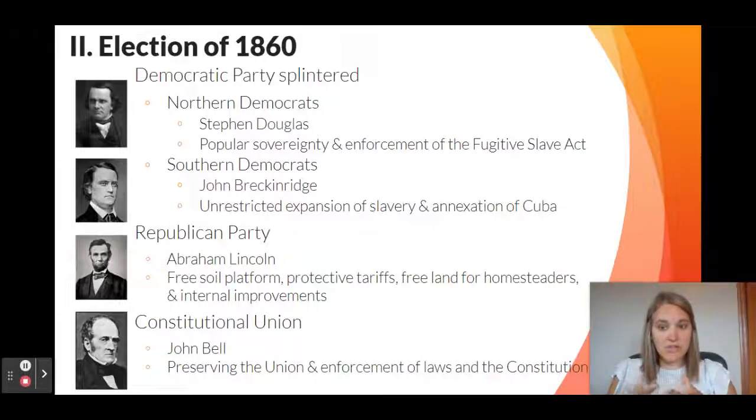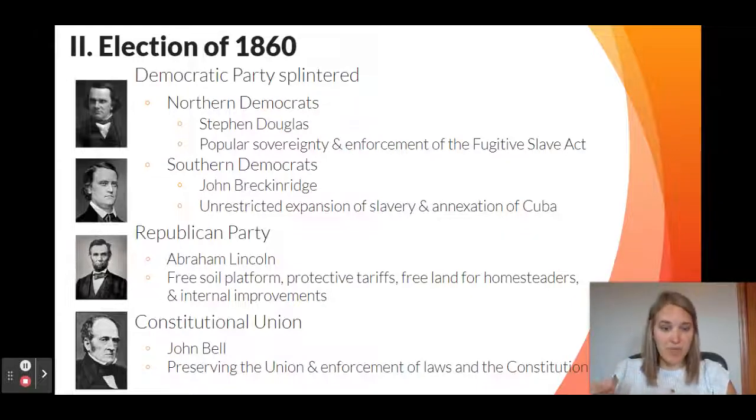Now, if you look closely at their platforms, and this is just a brief synopsis, it actually isn't too far different. Popular sovereignty and the enforcement of the Fugitive Slave Act is not all that dissimilar from unrestricted expansion of slavery. So these candidates, while proposing different ideas, ended up basically making it inevitable that the Democrats would not win the election.